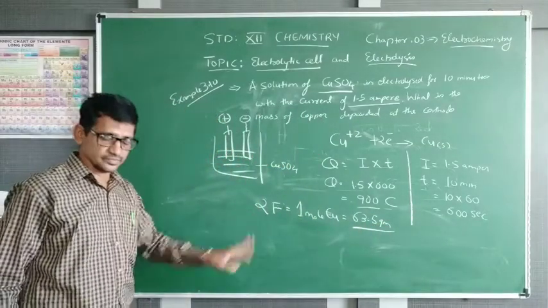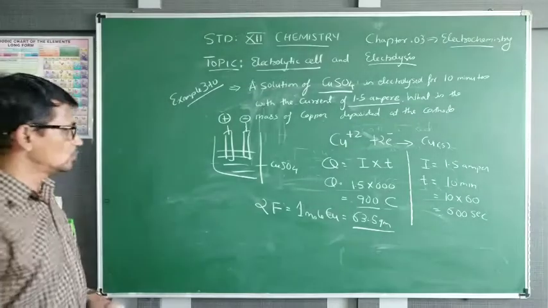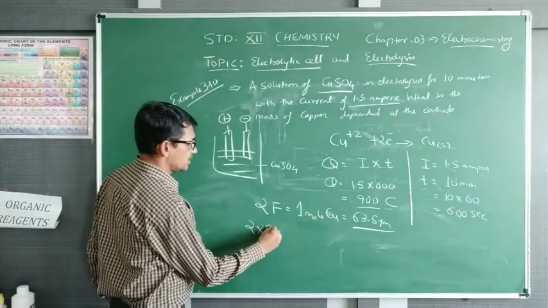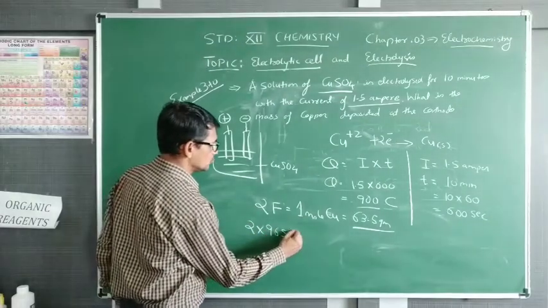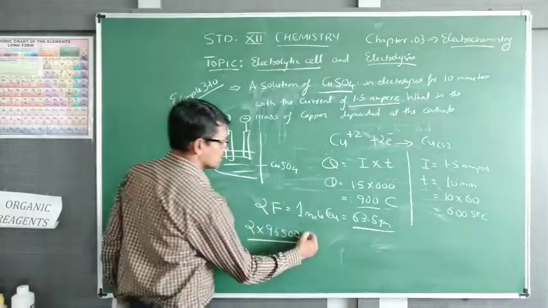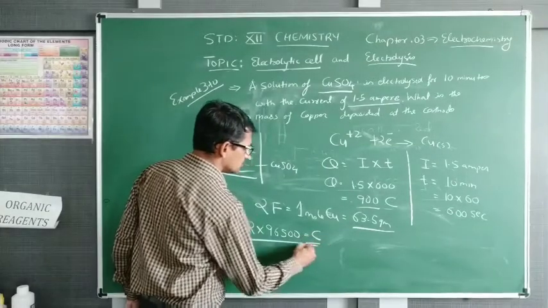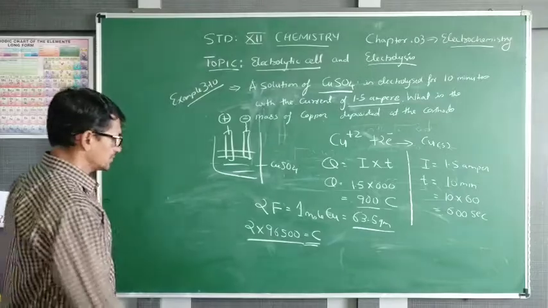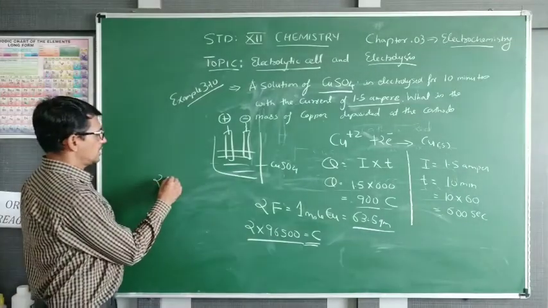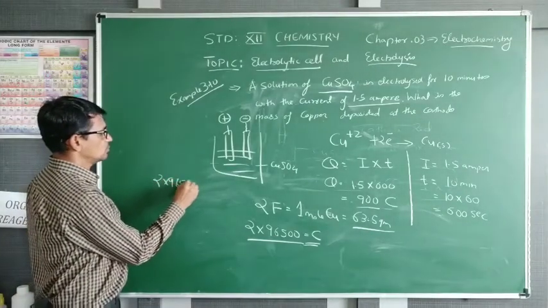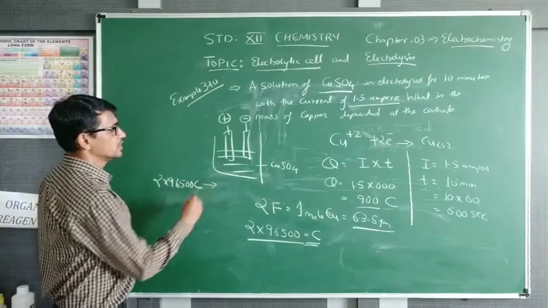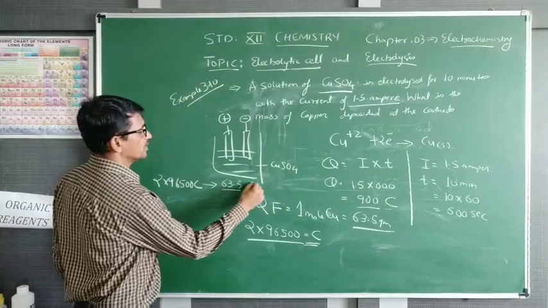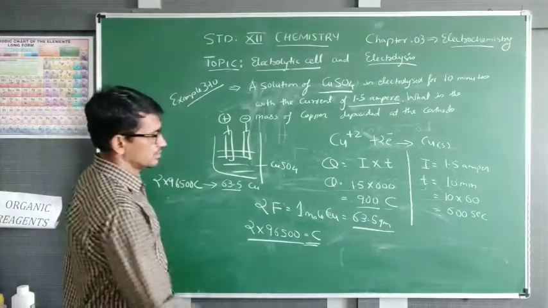If you want to convert 2 Faraday into coulombs, then it is 2 multiplied by 96500, and the answer is in coulomb. So 2 multiplied by 96500 coulomb will give 63.5 gram copper.